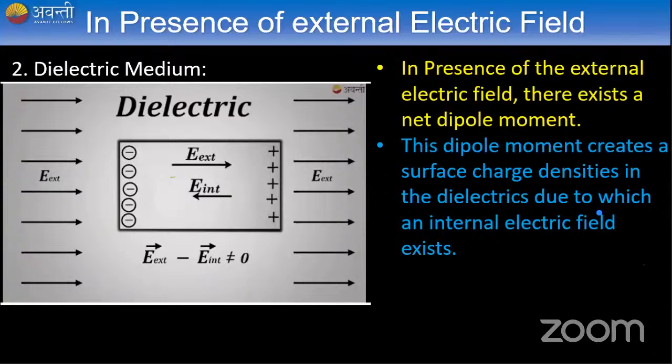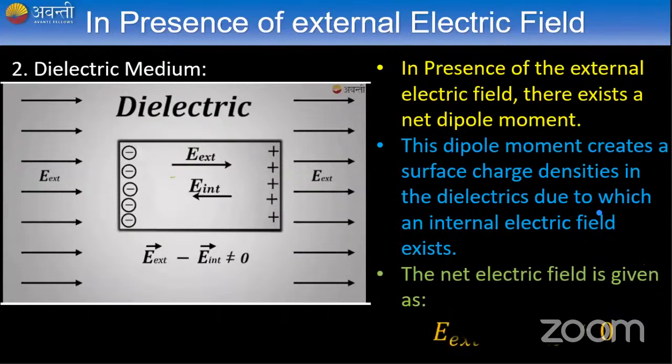My internal electric field and external electric field will not cancel to zero because these are not charges due to free electrons, but charges due to the dipole moment. So the net electric field, E external minus E internal, will not be equal to zero. Why? Because there are no free electrons inside this, right?